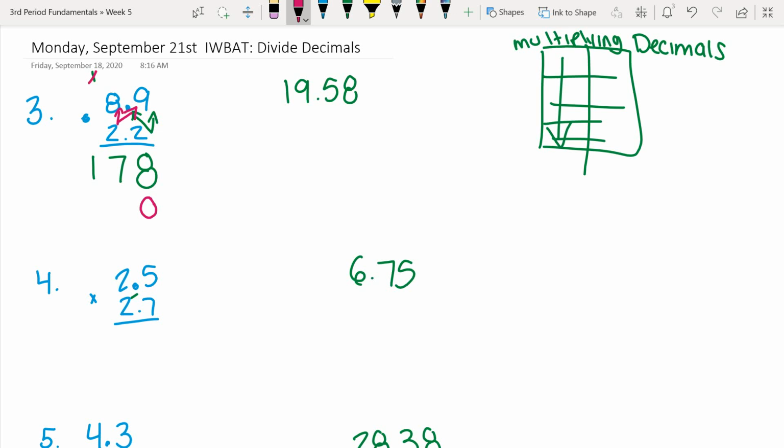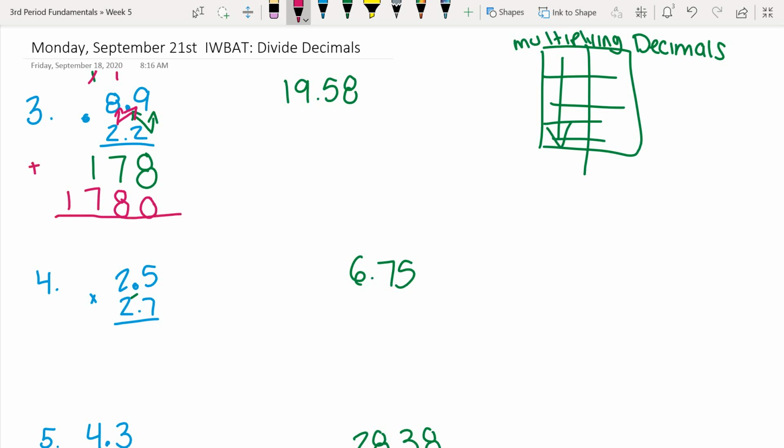So again, we go 2 times 9. That part hasn't changed either. That's still 18. So I put my 8 down. I carry my 1. 2 times 8, well, that's 16 plus 1 is 17. That's looking better.